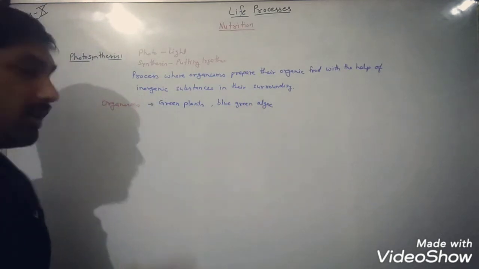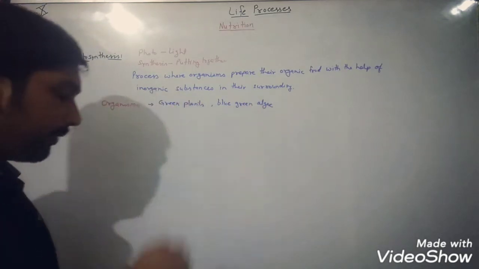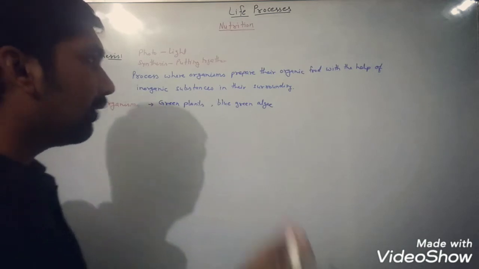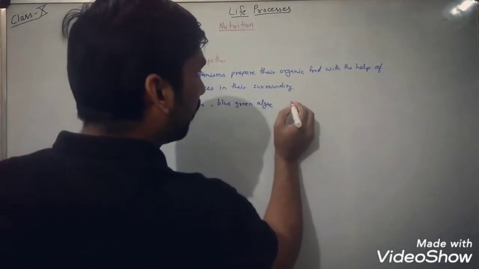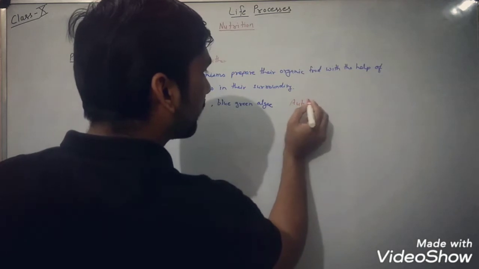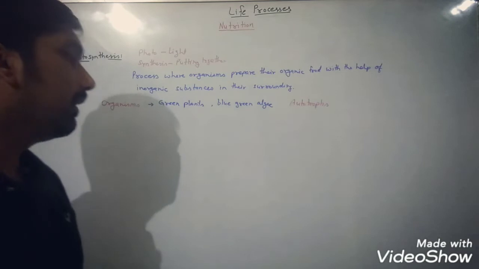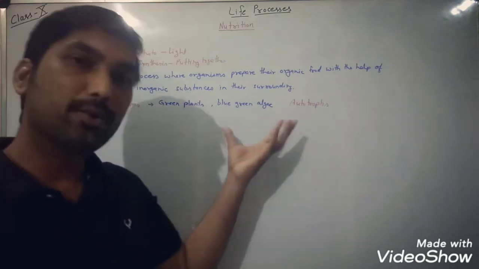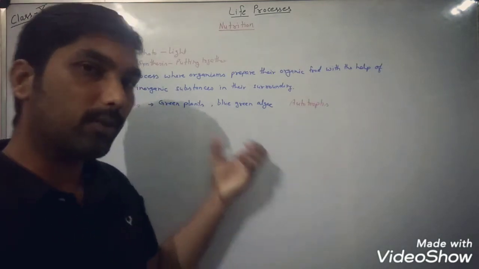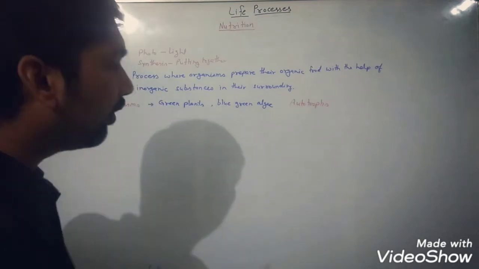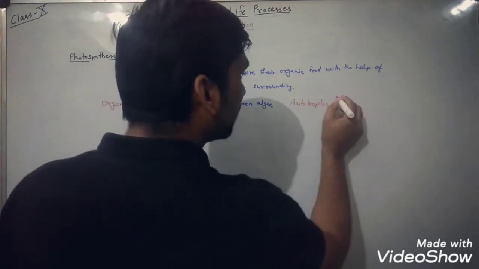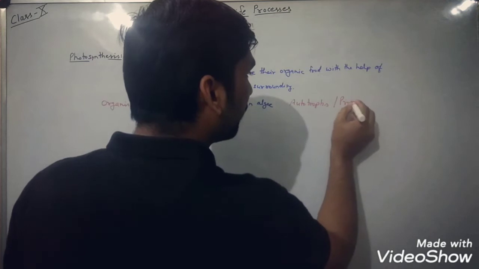Since they prepare their food by themselves, they are also known as autotrophs. Since the heterotrophs get their food from these autotrophs, they are also known as producers. So autotrophs or producers.